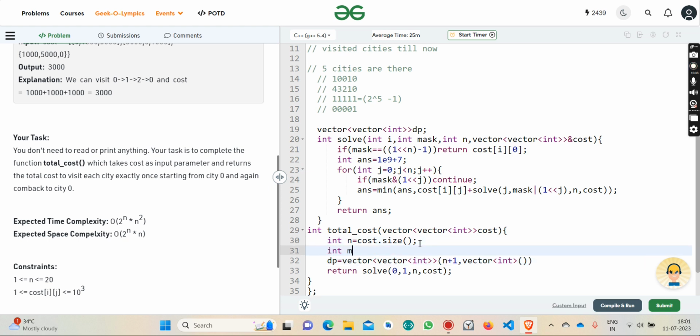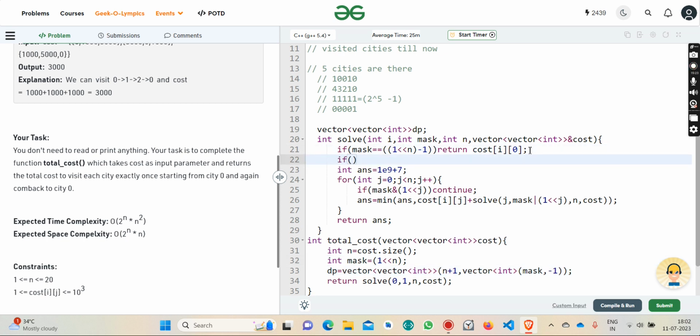So what can be the highest mask possible? Mask, initially I am setting all the entries as -1, and if dp of i comma mask is not equal to -1, what does this mean?